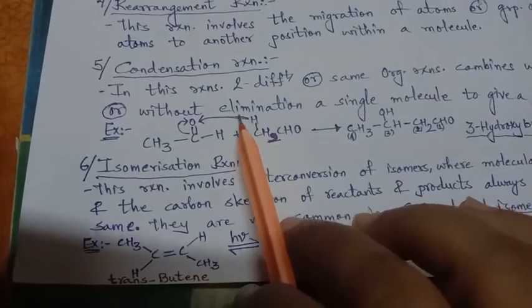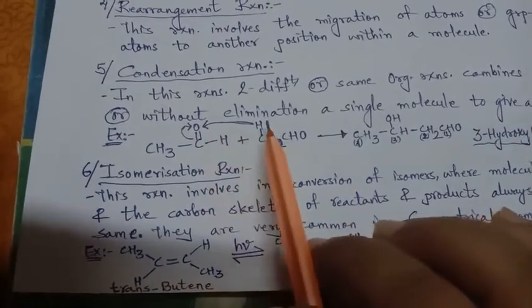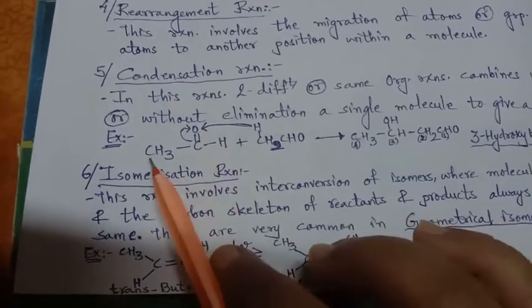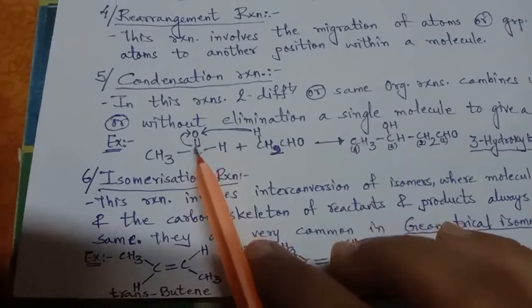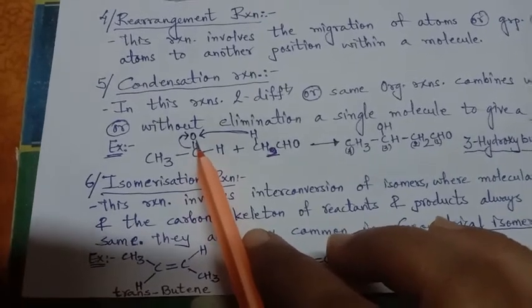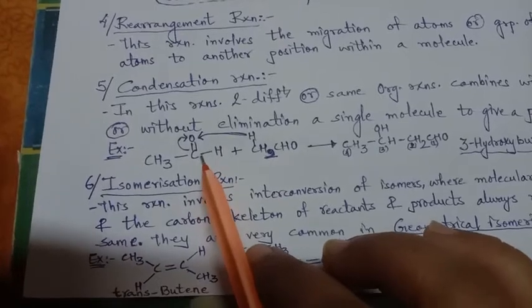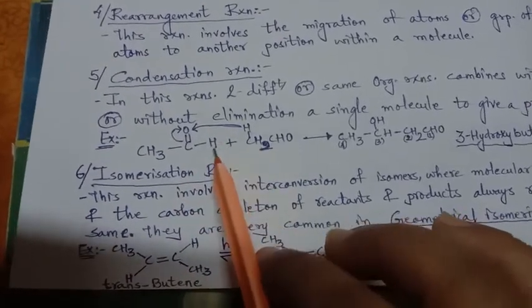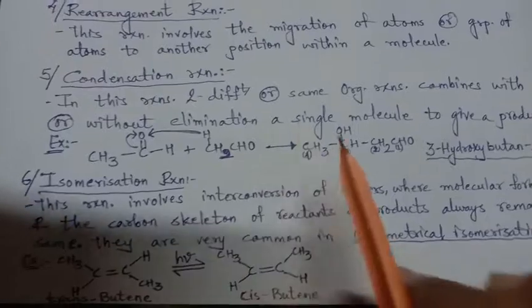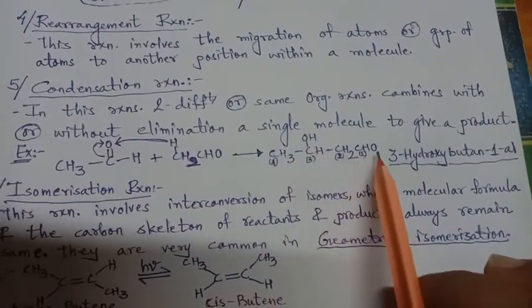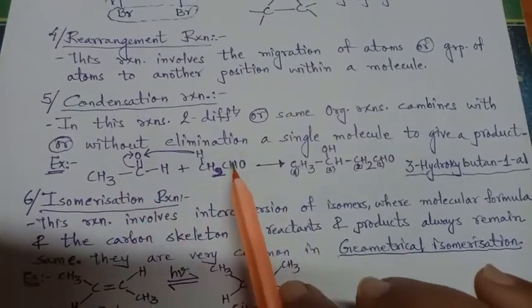So it will directly, simultaneously, attack the oxygen over here. So what will take place here? CH3CHOH. This double bond will now be single. CH here it will be, and this CH2CHO will combine here, and we will get CH3CHOH, CH2CHO. Two same or different?